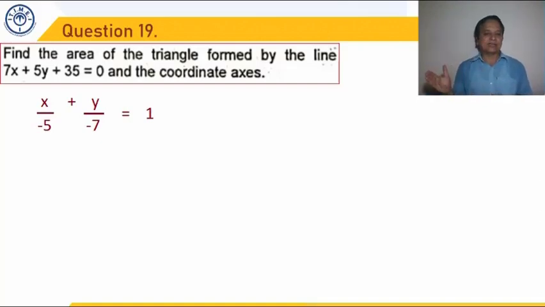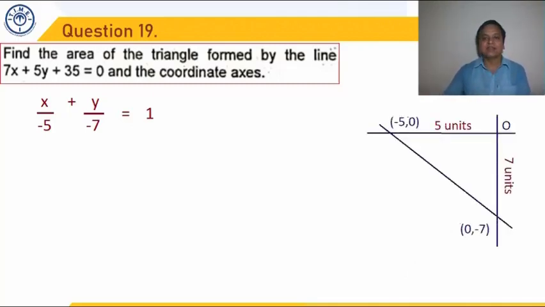We take the constant to the right hand side, that is minus 35, and divide the entire equation by minus 35, because in intercept form the right hand side is plus 1. So 7x upon minus 35 becomes x upon minus 5. 5y upon minus 35 becomes y upon minus 7 is equal to 1. Now in this case x-intercept is minus 5 and y-intercept is minus 7.